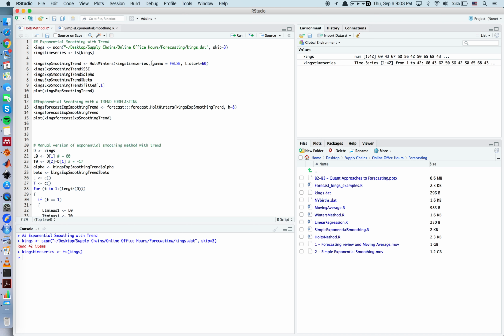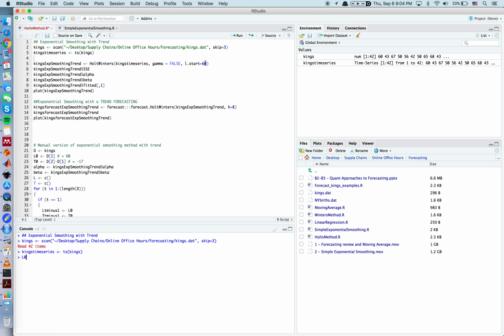We had beta equals false, and now we do not have that, but we still have this gamma, which is related to another method we will see in the next video. And L_start is just the initial estimate for the level. If we do not specify the initial estimate for the trend, then this function will estimate it.